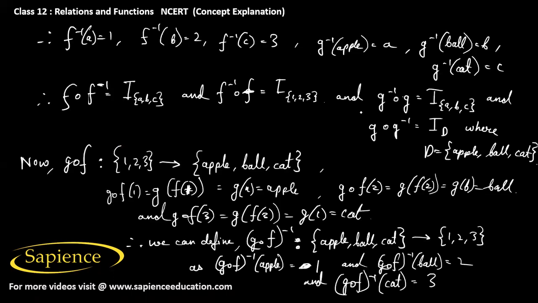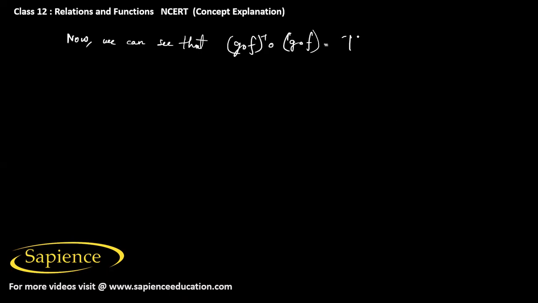So now we can see that g of f whole inverse of g of f of, suppose, 3 is equal to 3. So that is the identity element on the set 1, 2, 3.